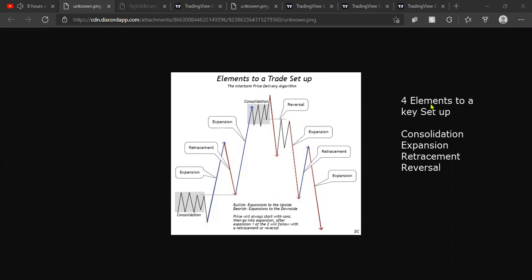With these four elements to a key trading setup, you're going to understand what price is doing now, what happened, where price came from, and where price potentially can head to.